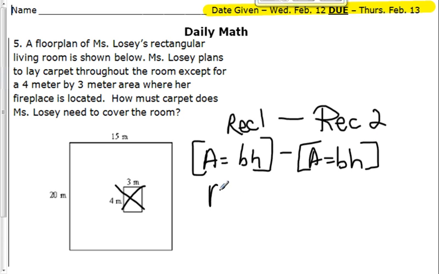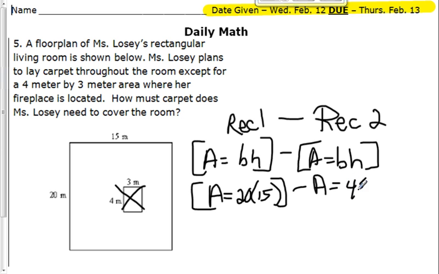So now I do my substitution, my ESS. I've already done my equation. Now I'm substituting. The base is going to be 20 times 15 for the big rectangle. I'm going to do all of this first. Then I want to subtract the smaller rectangle. So area is equal to, the base here is 4 times 3.